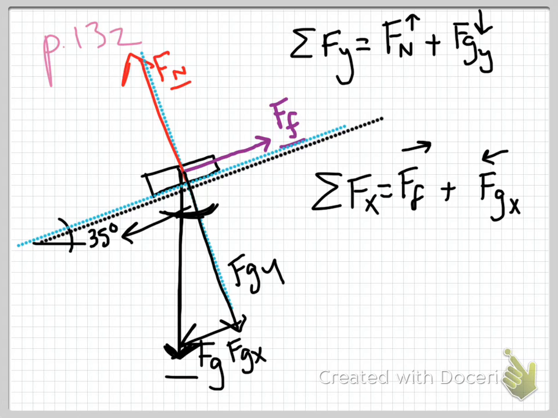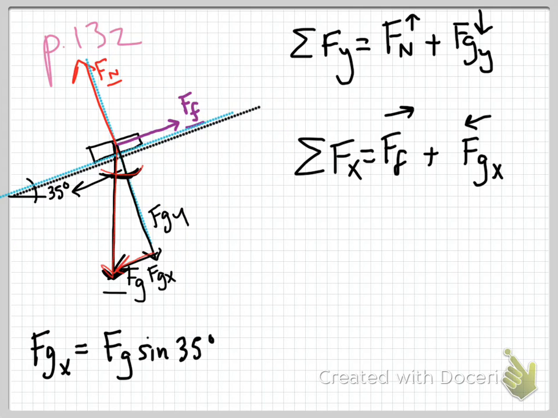This is a right triangle. There's my hypotenuse. There's my angle. And the force of gravity on the x-axis is opposite the angle. So in fact, the force of gravity on the x-axis is just equal to the force of gravity times the sine of 35 degrees.